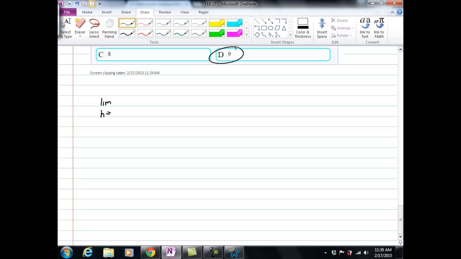The limit as h approaches 0 of (3 plus h) squared minus 9 over h. The first thing you should always do is ask yourself, can I sub in the value? If you can, your life is easy. If you can't, you've got to do something to it.